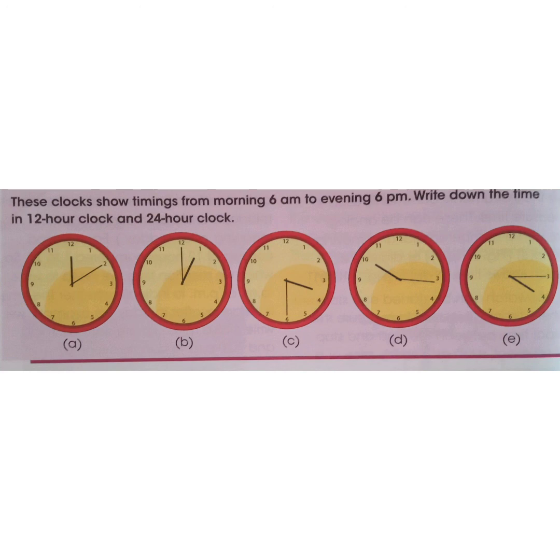When you write the answers, you should mention AM and PM only in the 12-hour clock. Don't use AM and PM in the 24-hour clock. And also, children, you should refer to page numbers 24 and 25. Underline the important points and study well.